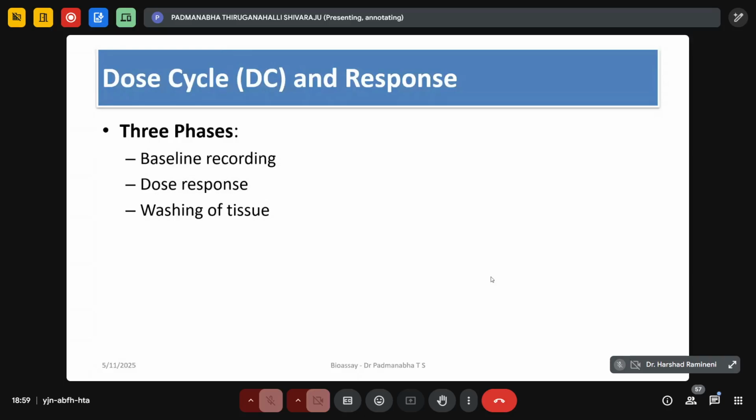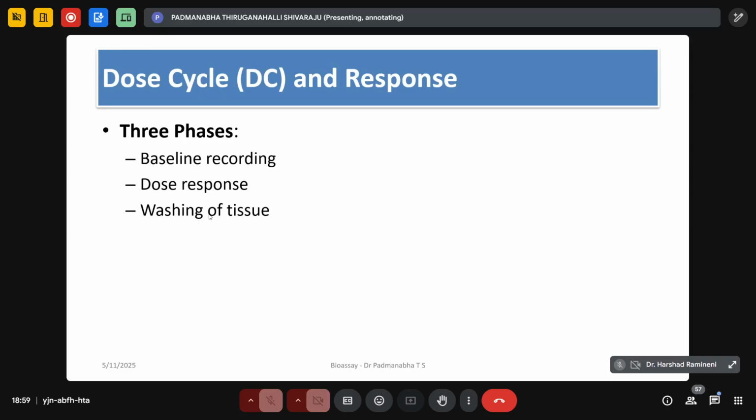What are the three phases we need to remember in terms of the dose cycle? We need to record the baseline. Then after recording the baseline, we need to record the dose response. Once we have recorded the dose response, the tissue has to be washed, or a washout time has to be given, before injecting the second concentration.